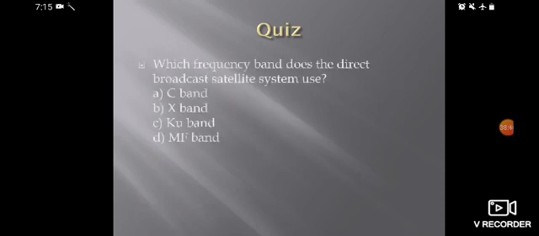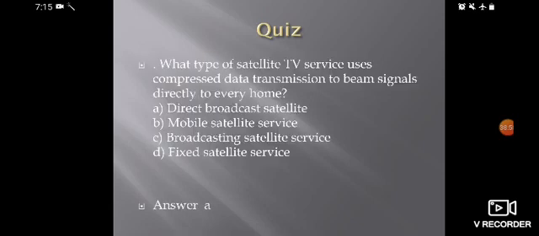The next question is, which frequency band does the direct broadcast satellite system use? The previous question was about what type of satellite TV service uses compressed data transmission to beam signals directly to every home, which is direct broadcast satellite.